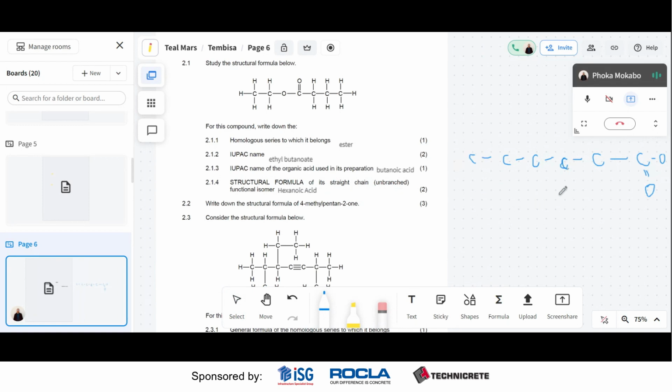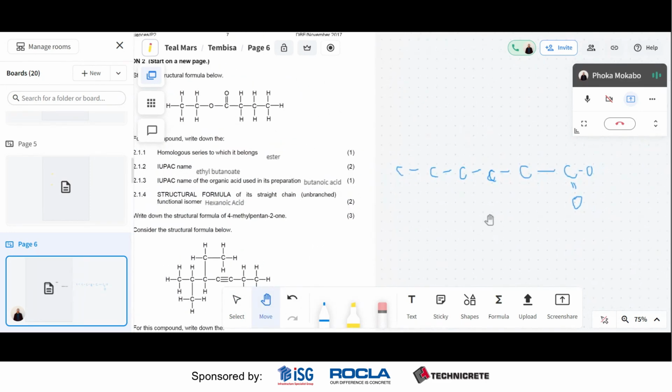Okay, cool. Then all that's left to do now is to add all the hydrogens, right? Let's give ourselves a bit of space. And if you look over here, we have 1, 2, 3, 4, 5, 6, 7, 8, 9, 10, 11, 12 hydrogens. So over here, we're meant to have 12 hydrogens as well. So 1, 2, 3, 4, 5, 6, 7, 8, 9, 10, 11.